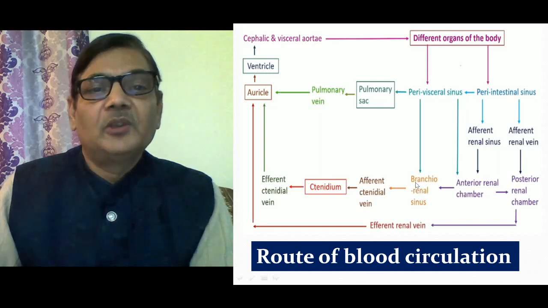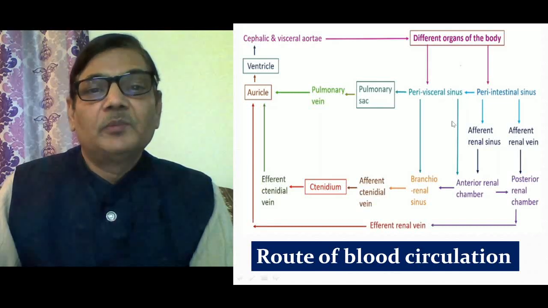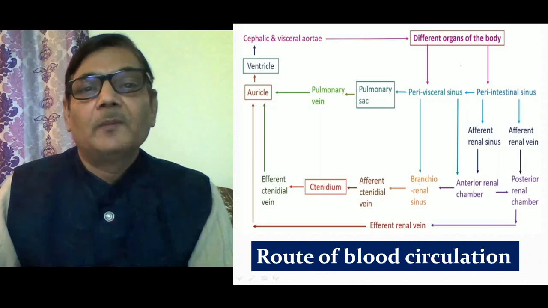And then from this branchiorenal sinus, the blood will go to the gill through afferent tenedial vein, and then it will go to the tenedium. Perivisceral sinus also supplies its blood to anterior renal chamber, and from this anterior renal chamber, the blood may go to the branchiorenal sinus. Okay, and then the route is this one.